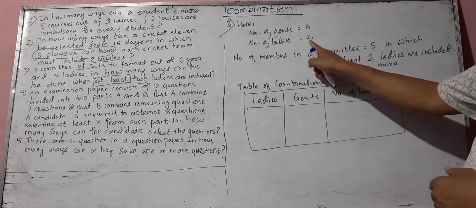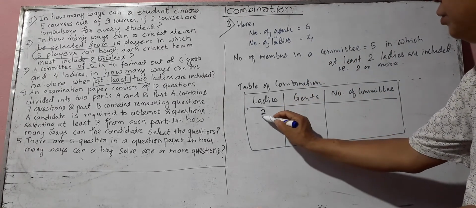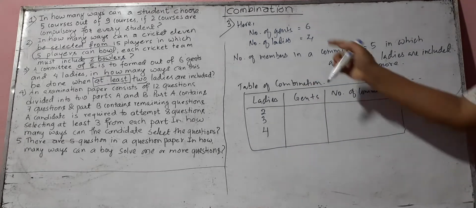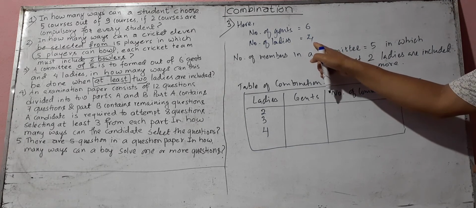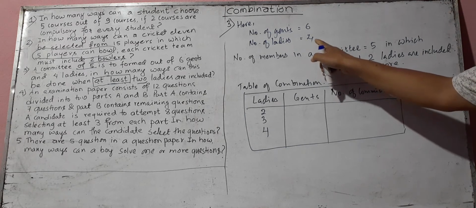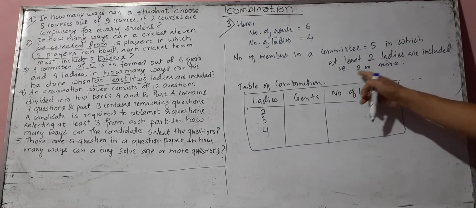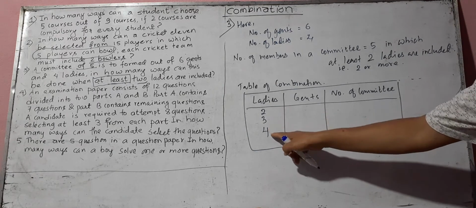We have a total of four ladies, so the ladies may be 2, 3, or 4, because there are only 4 ladies available for the selections.